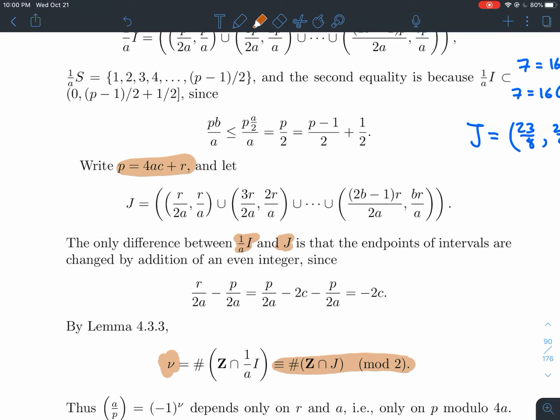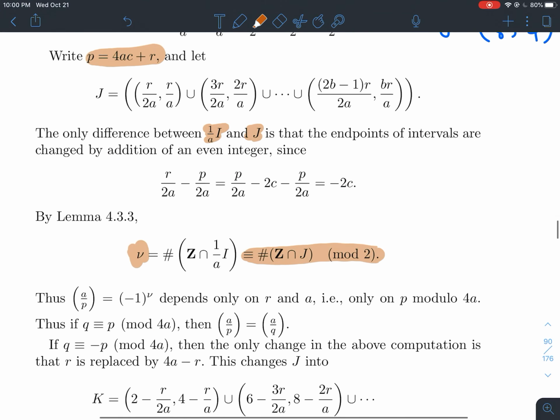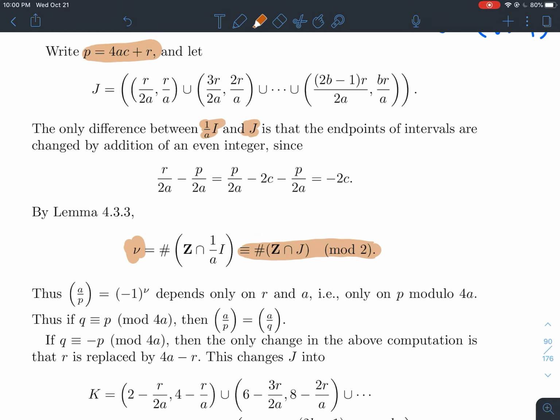Because it only depends on that r and that a. So whatever that exponent is, -1 to that power only depends on r and on a. And because we wrote p as 4ac plus r, it really only depends on p mod 4a. That's what it means to depend on that r.